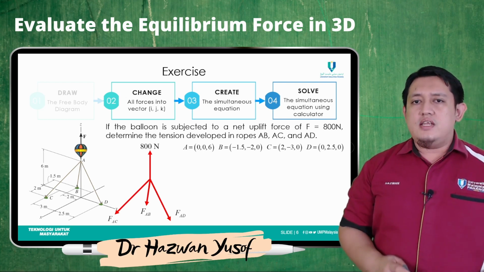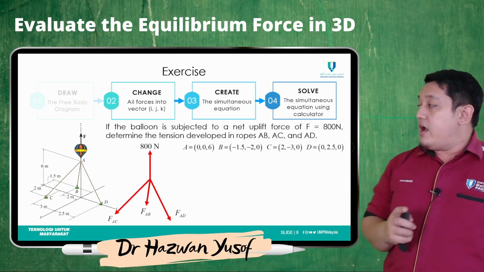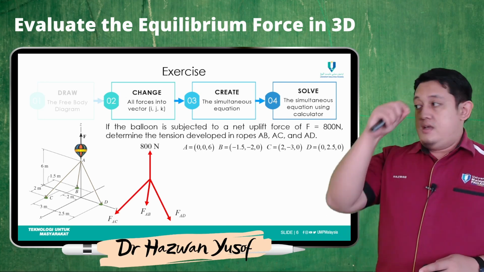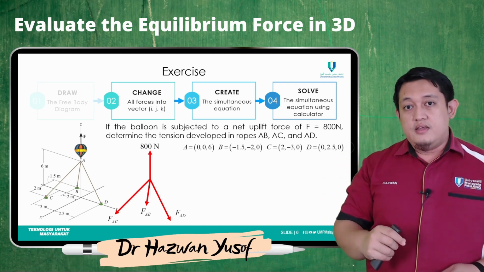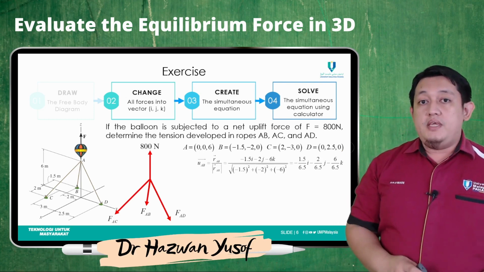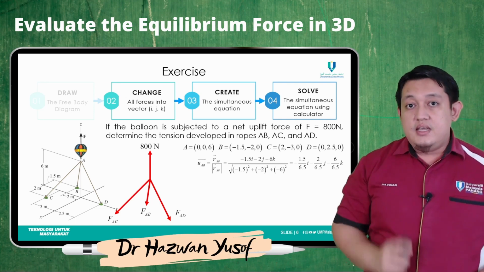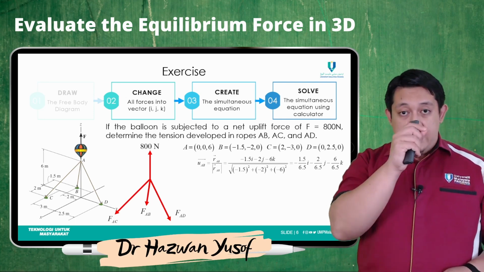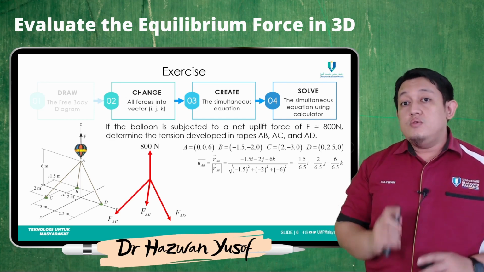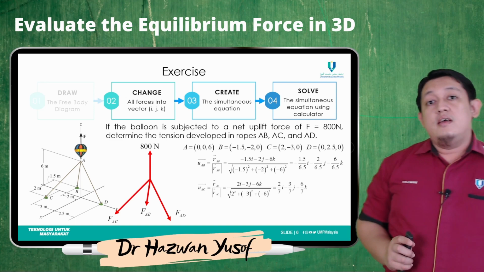Using the coordinates, we will calculate the unit vectors. For FAB, the direction is from A to B, so we need to get the unit vector AB, which is this one. For FAC, the direction is from A to C, so we need the unit vector AC, which is this one.